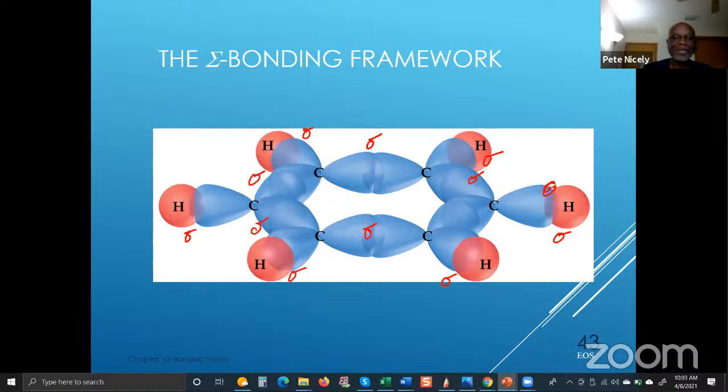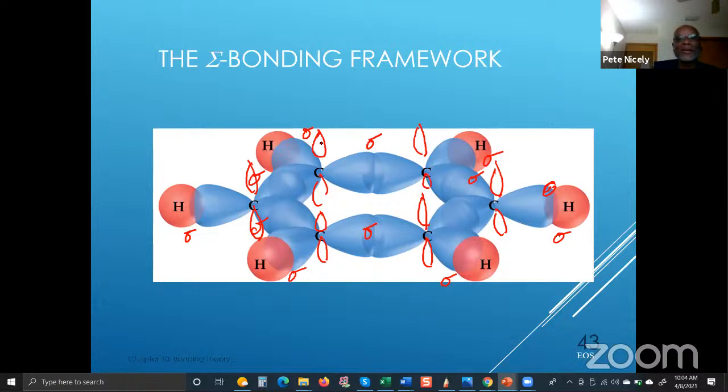So this brings the question, well, what about the unaffected p orbital, which exists on each carbon? So you have a p orbital here, above and below, a p orbital here, a p orbital here, a p orbital here, a p orbital here, and finally, a p orbital here. All right?